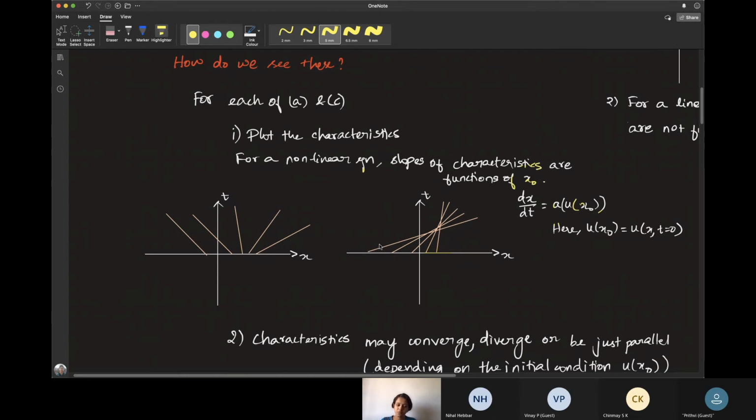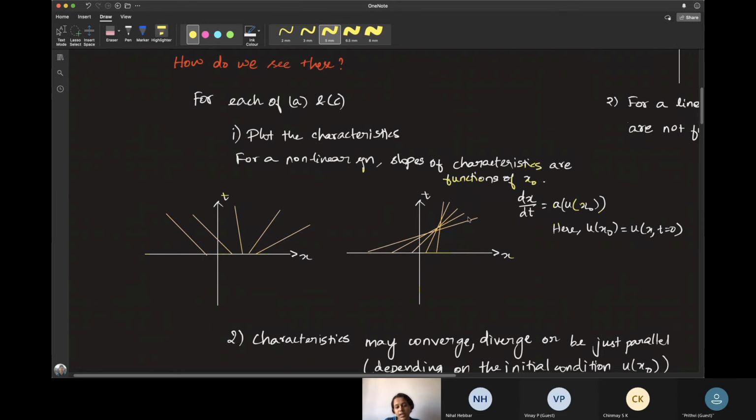Since the slopes can be different at different points, the characteristics may either converge or diverge. First I've shown diverging characteristics, where if you consider some point, in the neighborhood of that point the characteristics are diverging. Whereas in this case, the characteristics are converging to this point around here.